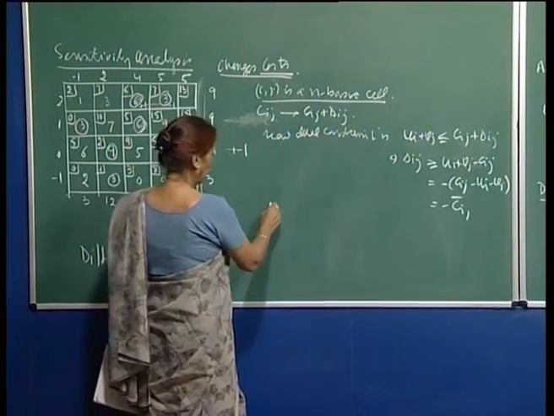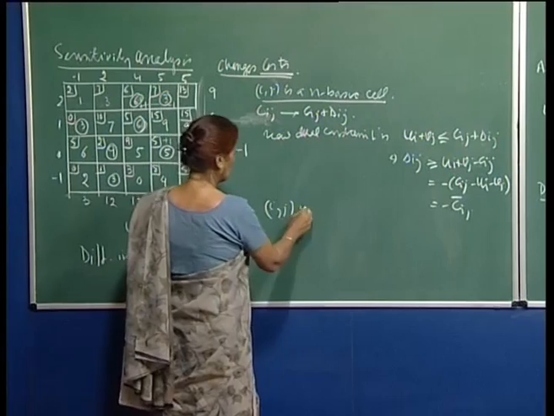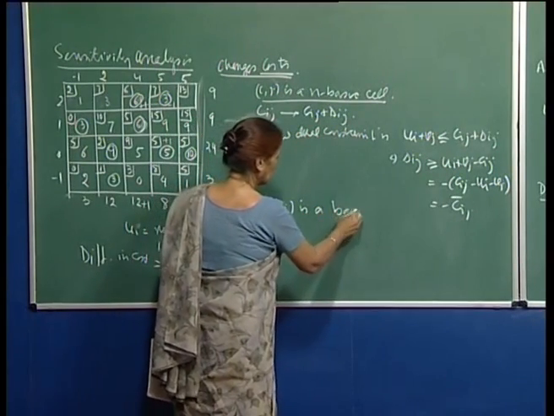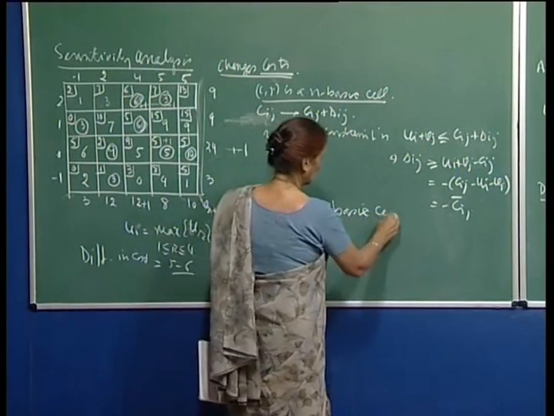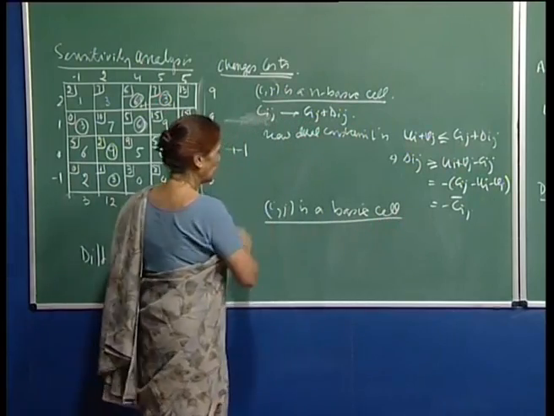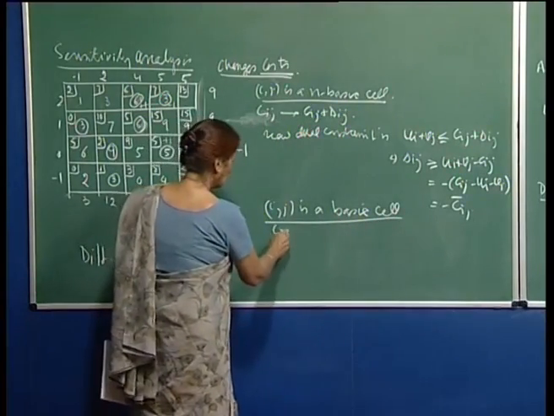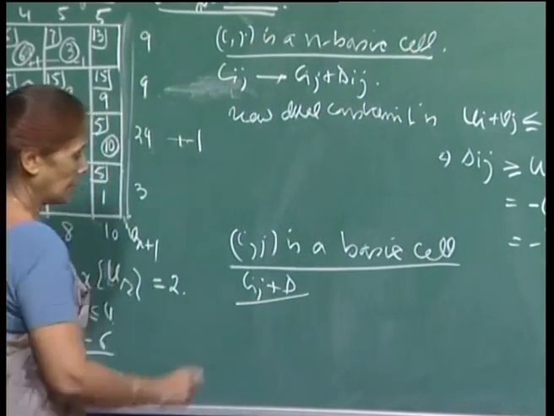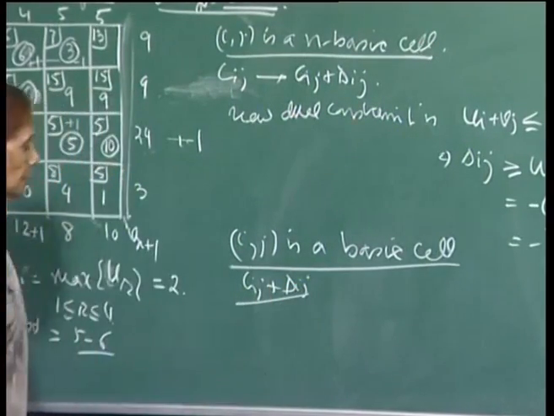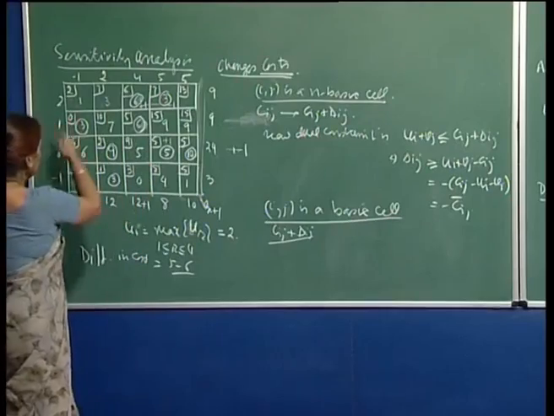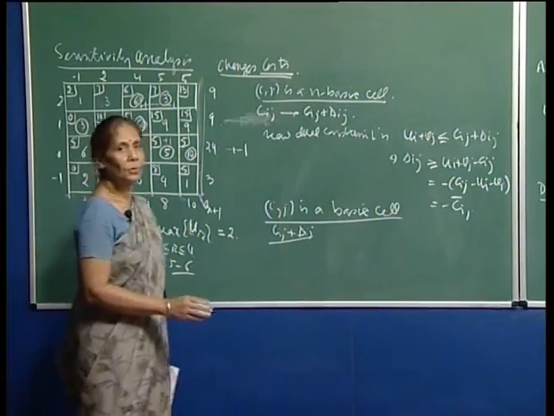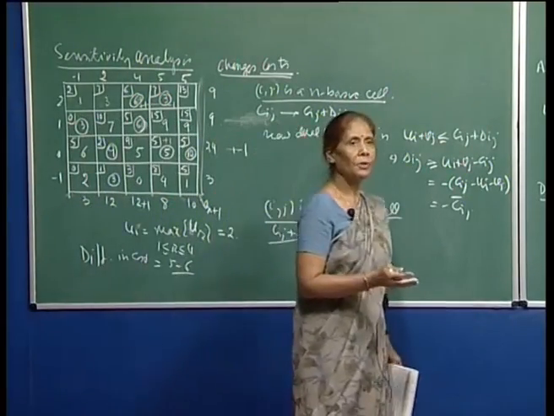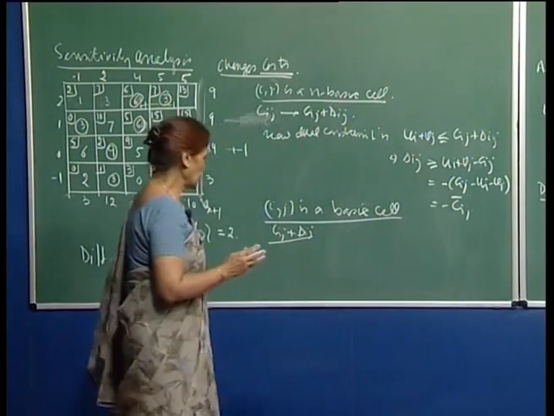Now, suppose ij is a basic cell. If it is a basic cell and your Cij increases by delta ij, then you see your ui's and vj's will also change, and so then you will get an interval for delta ij.